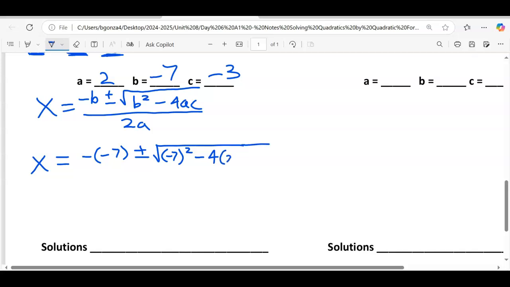So that's 2 and negative 3. Divided by 2a, which is 2.